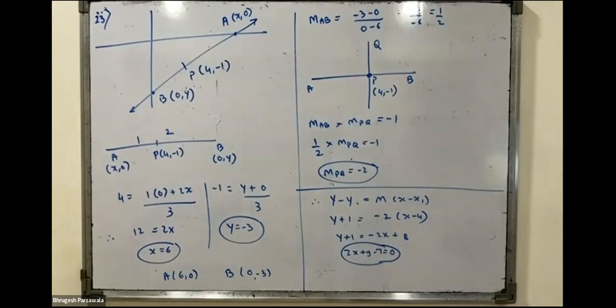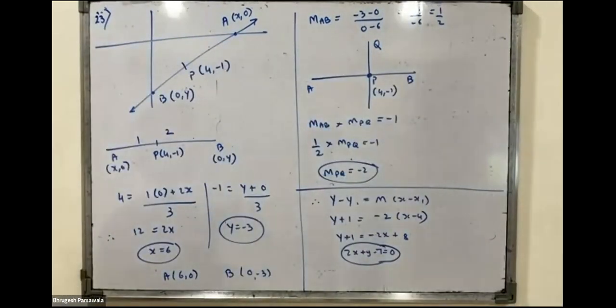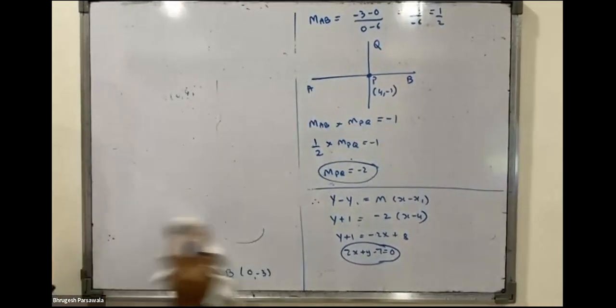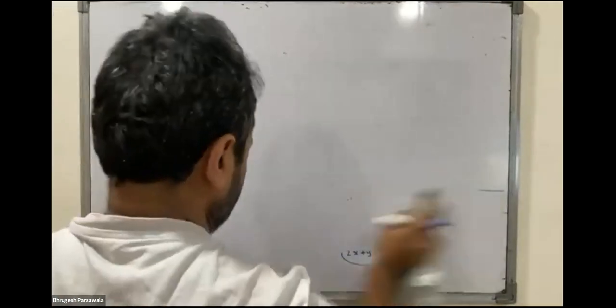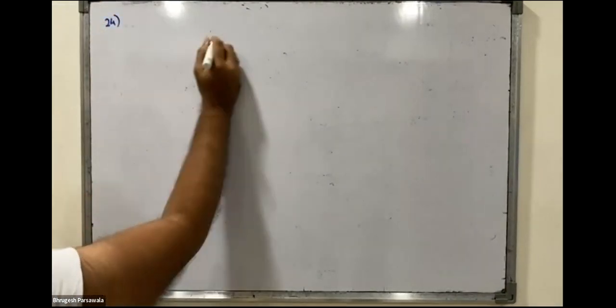Let's do the last sum. As I said, find the equation of the altitude through B. Only altitude is asked, beta.